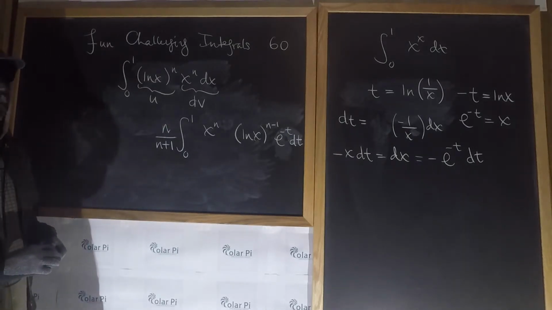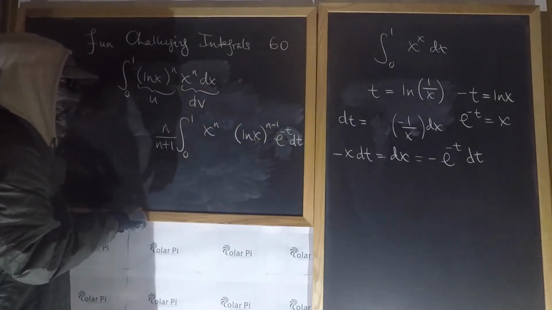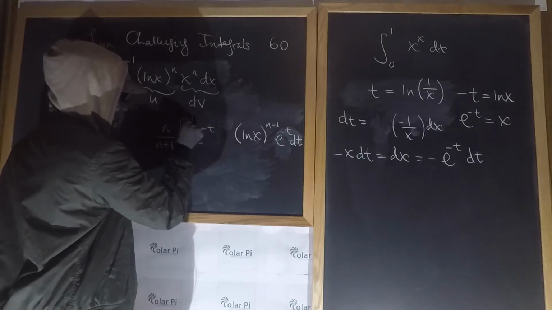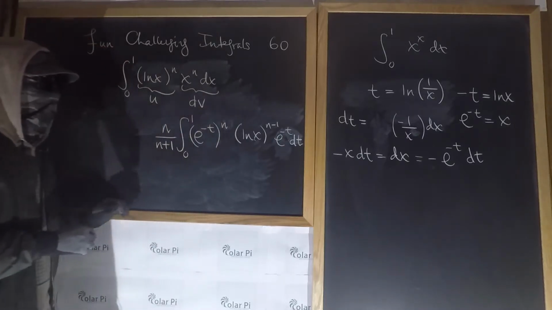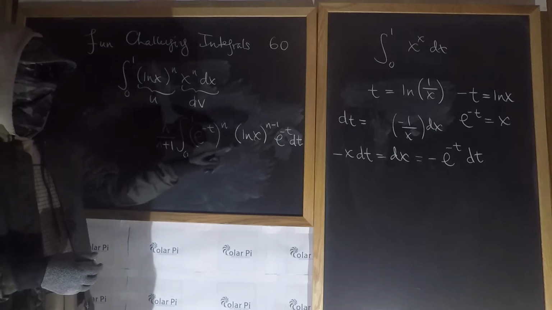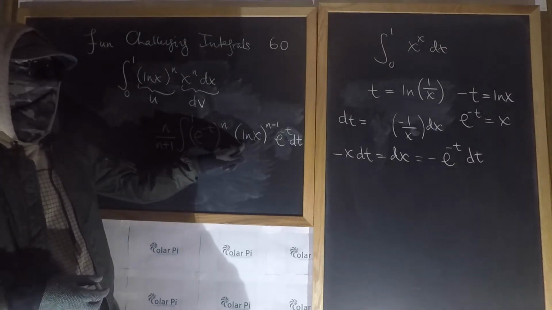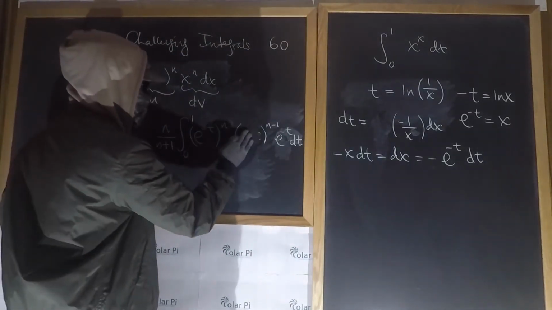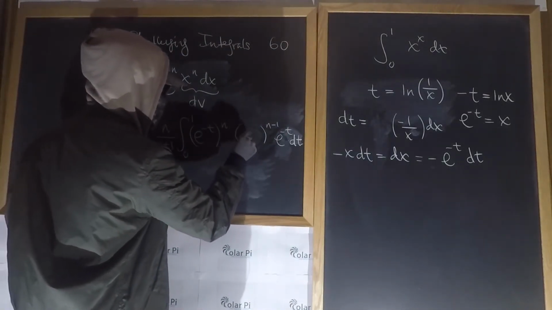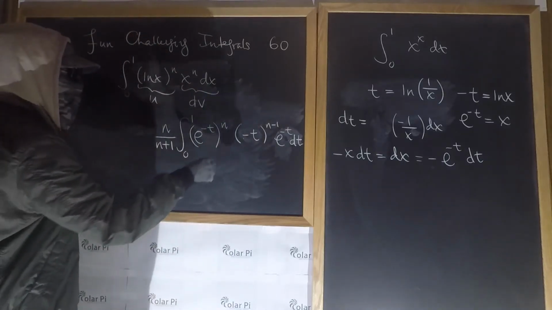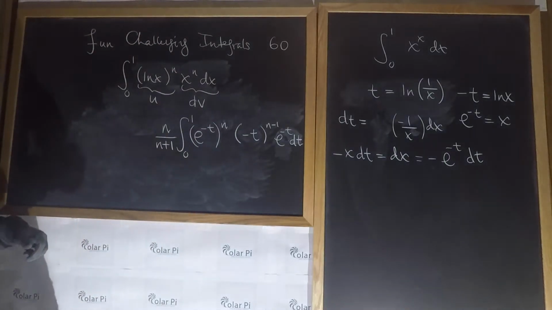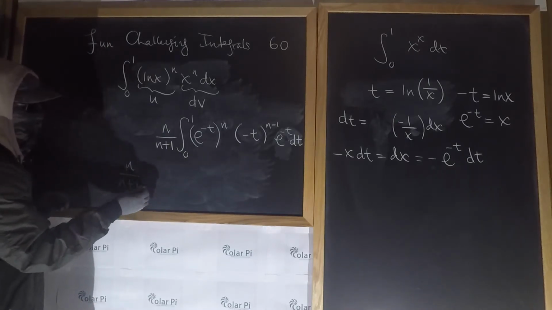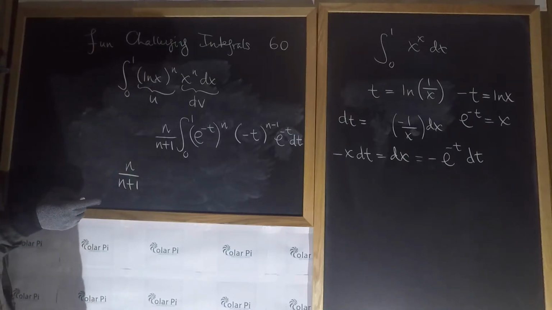And then x we said is e to the minus t, so x to the n is going to be e to the minus t to the power n, right? And then the natural log of x is negative t, and so we have negative t to the power n minus 1. Now notice then we can write in our next step n over n plus 1.